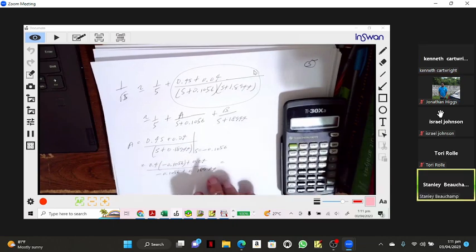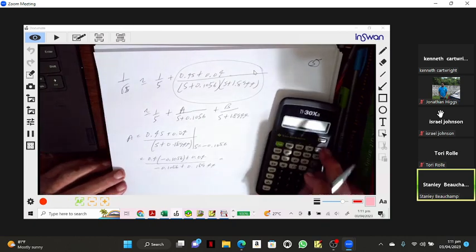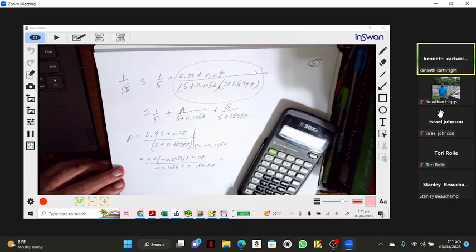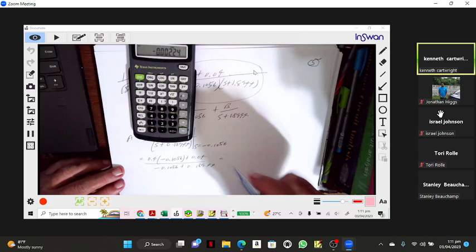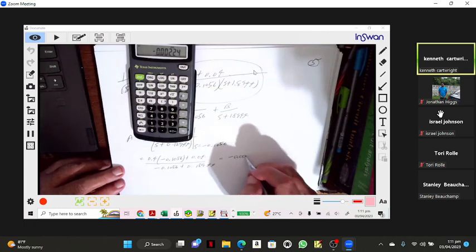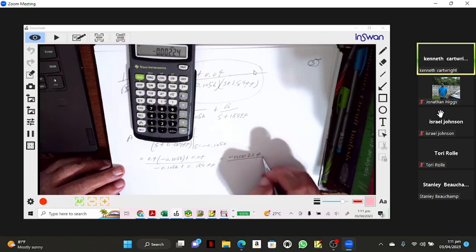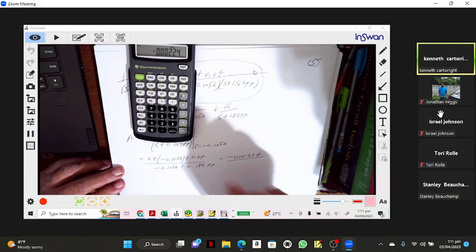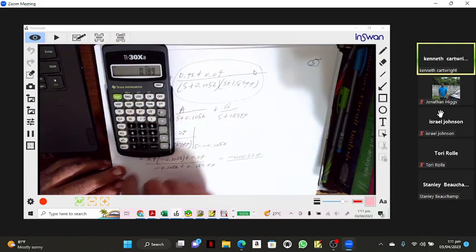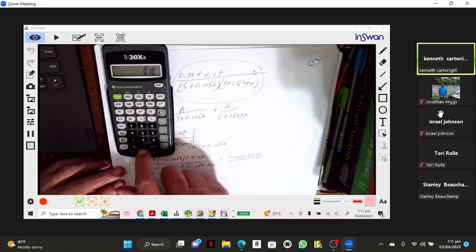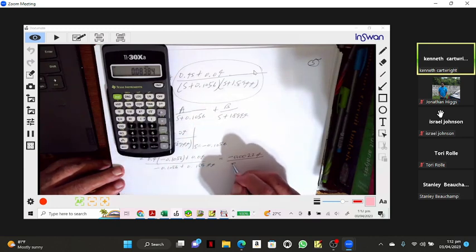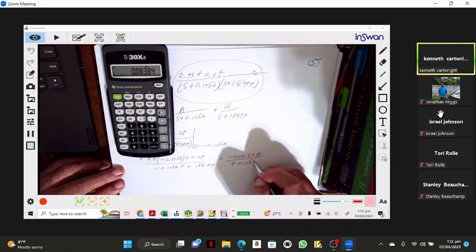I get negative 0.000224 divided by 0.08384.